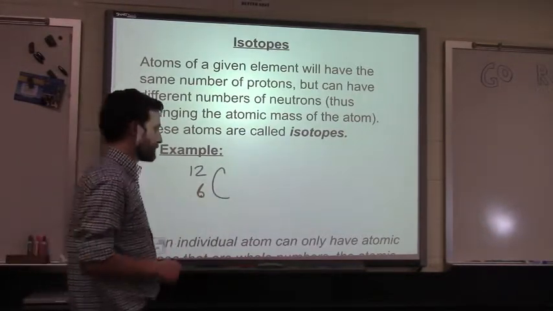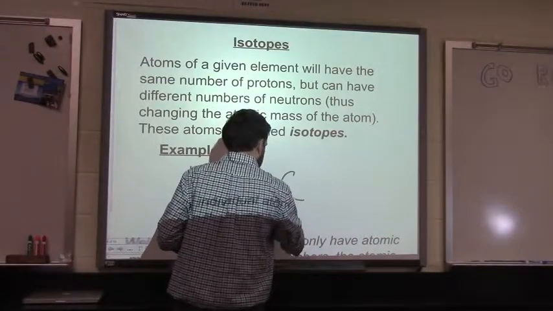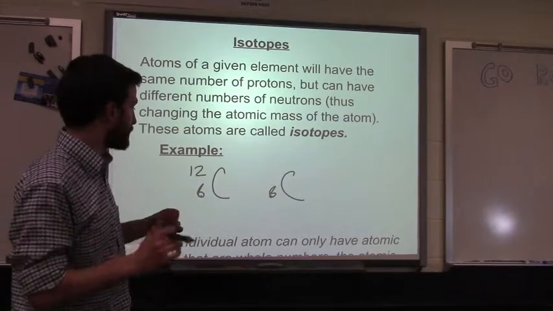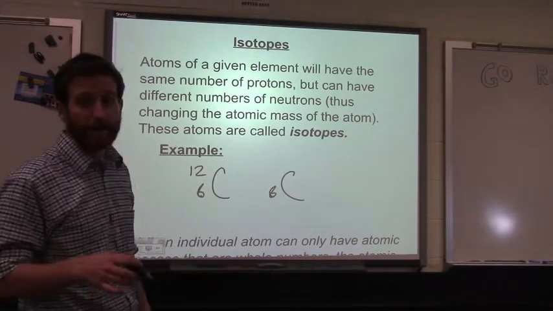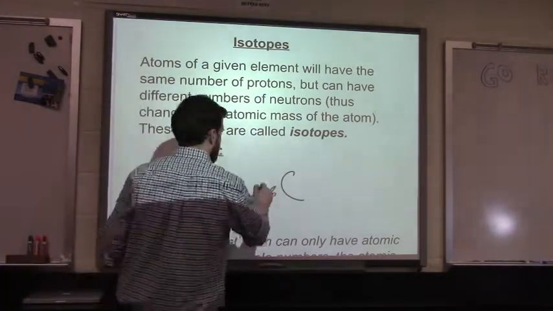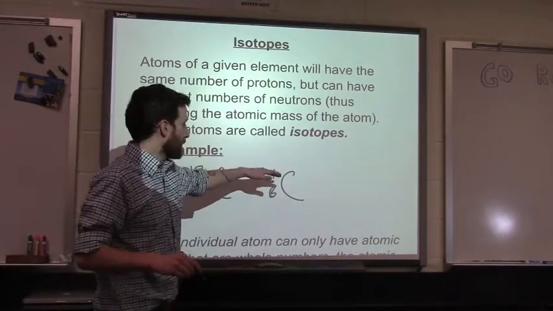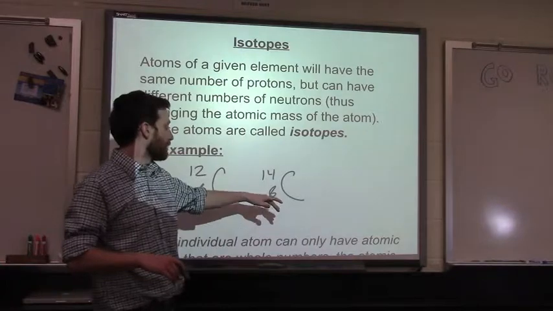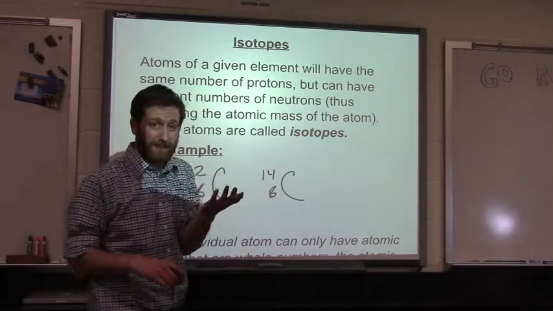So the bottom number will stay the same. Another common isotope of carbon is carbon-14. So its atomic mass now is 14. It's got to have more neutrons. And its atomic number is still 6 because it's still carbon.